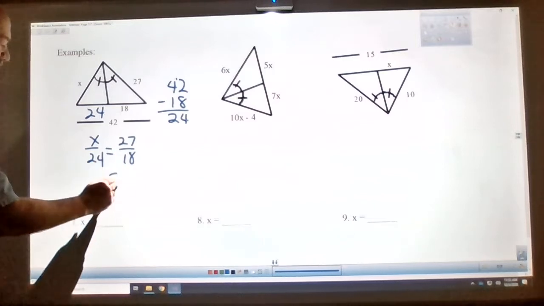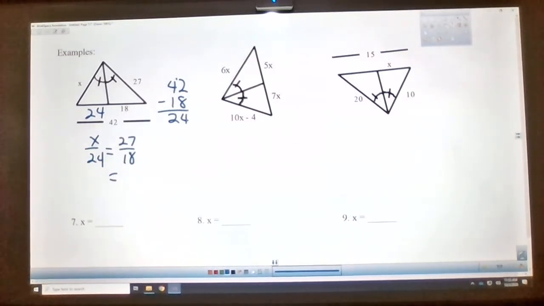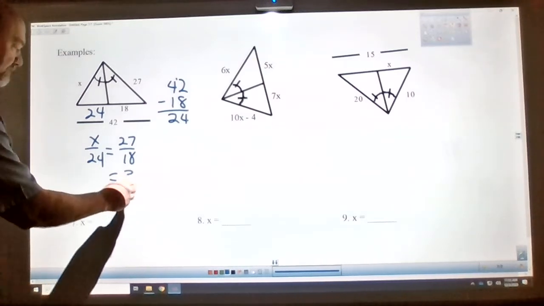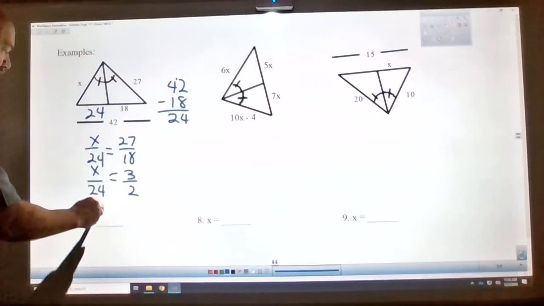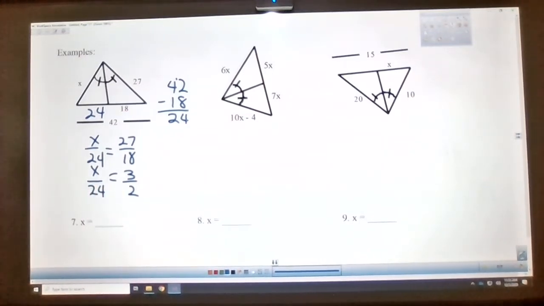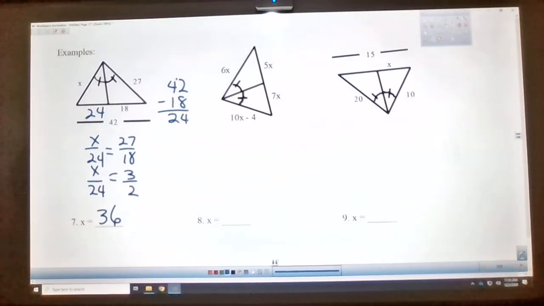Again, I'm going to reduce this, make these numbers better. 9 goes into 27 3 times, over 2, equals x over 24. 2 goes into 24 12 times. 12 times 3 is 36. All right.